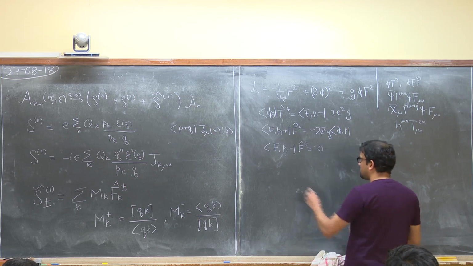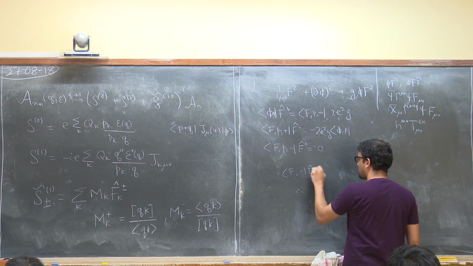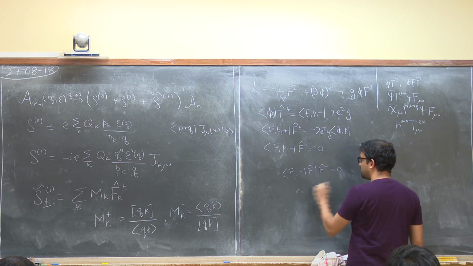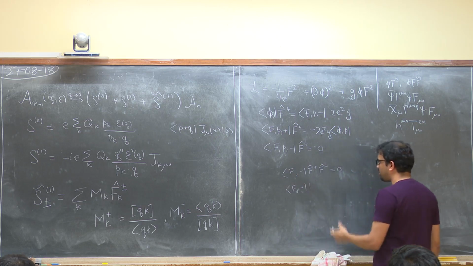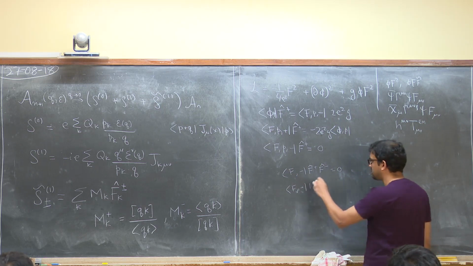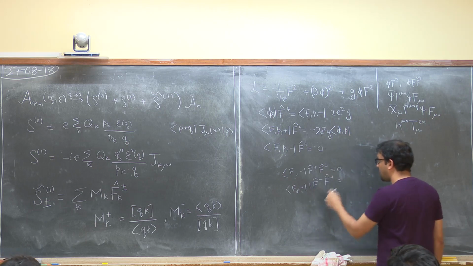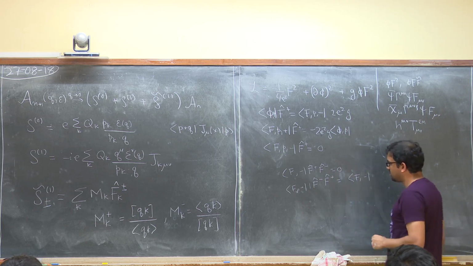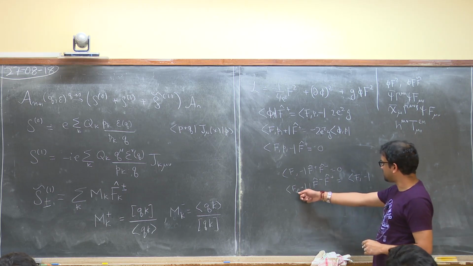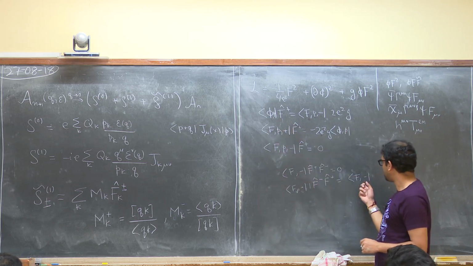If I act on this state, this is just 0. Maybe the commutator is just the identity, because if I act on this with f minus, f plus, up to some numbers, this is the same as f minus. Because f minus raises this to phi p, and then f plus acts on it again to put it back down to this state.